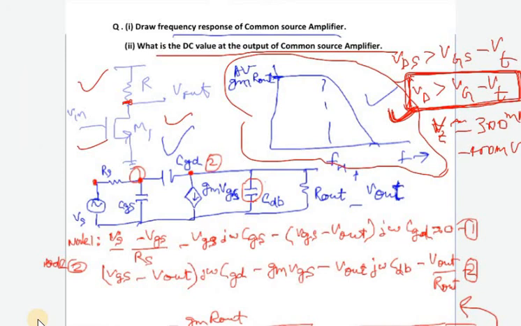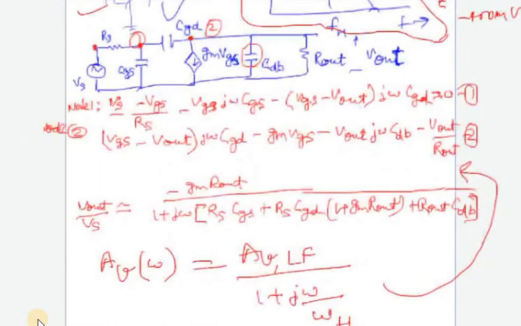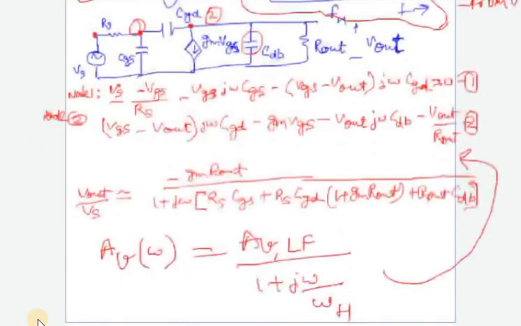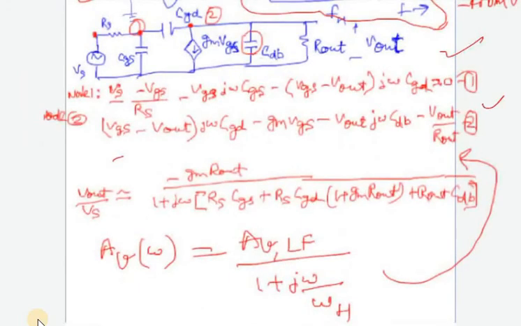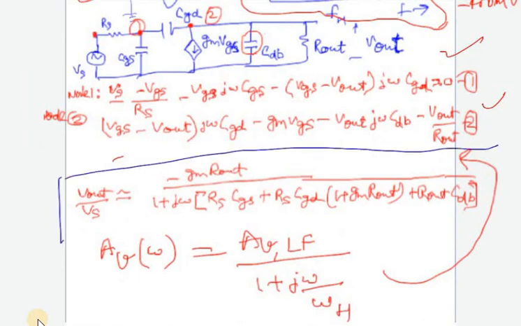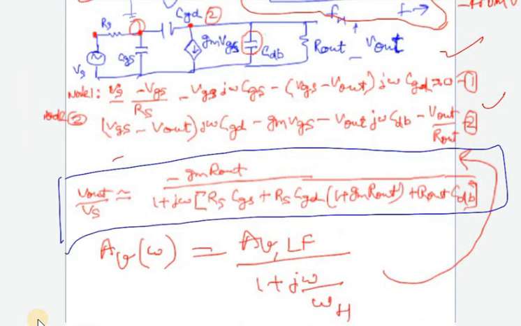So for getting from this one or two node equations to the final output, the final gain, the AC response of the common source amplifier, if you get any problem in calculating these equations, please write in the comment section. I will give you the detailed derivation of the AC response of the common source amplifier.